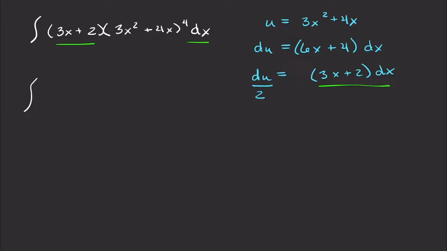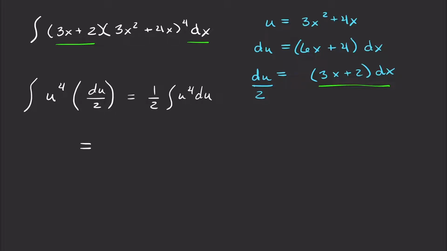And so everywhere we see (3x plus 2) dx, we can just replace it with du over 2. So if we do that, first I'll start with my 3x squared plus 4x, so that's going to be u raised to the 4th power, and then we'll replace the (3x plus 2) dx with du over 2, and that's just going to be 1/2 the integral of u to the 4th du.